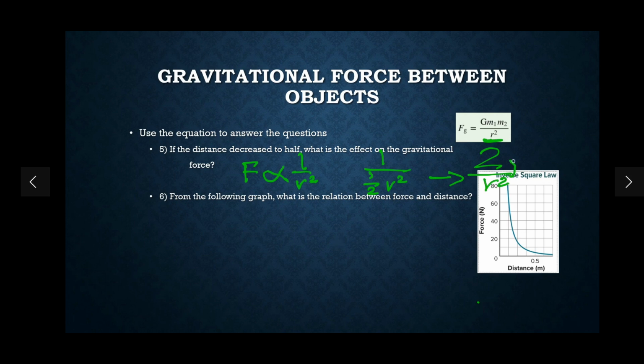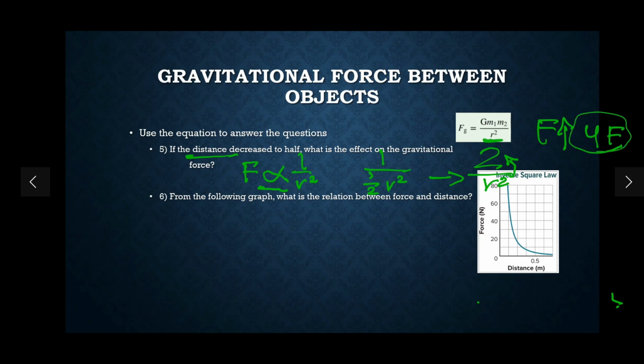So we just square the 2, since 2 squared is 4, and F will increase by 4. Since it's inversely proportional and distance decreases, F will increase to 4 times its original value.